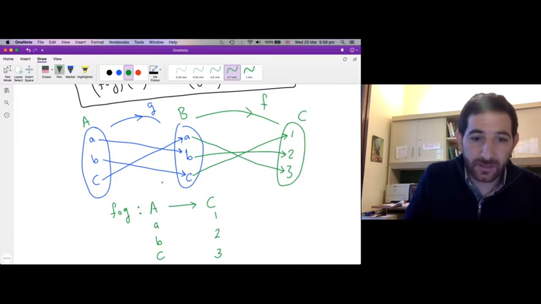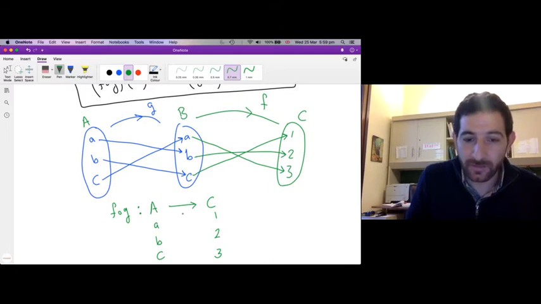But look, what is the image of a under this new function? What is the function f after g? Which means first apply g, and after this apply f. So apply g to a, you get b, and then after this apply f, so you get 2. So we know that the image of a under this function is 2.